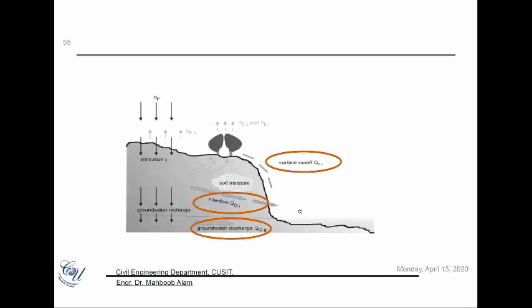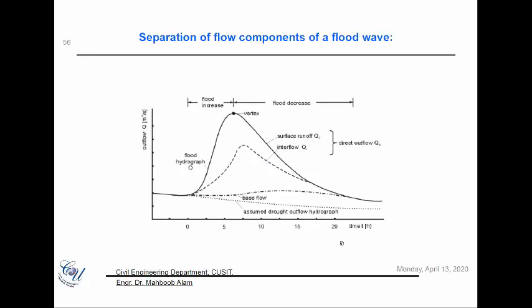We already discussed this part where we said that the precipitation falling on a certain surface would reach the discharge through different mechanisms, either through the surface, through the interflow, or the groundwater flow. So basically that is a figure referring to the initial picture that we showed in the initial graphs.